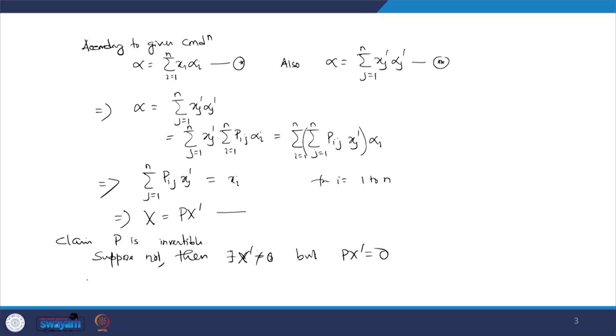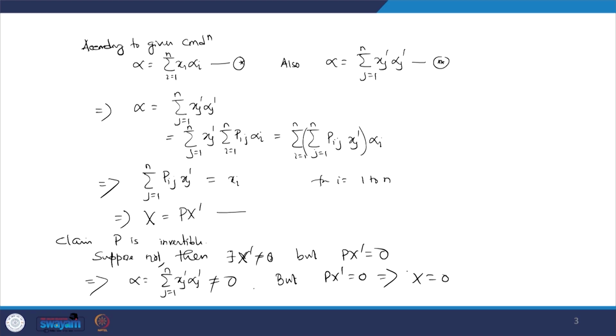So, this implies alpha, which is equal to sigma x_j prime alpha_j prime, j equal to 1 to n, will not equal 0. But P x prime equal to 0 implies x equal to 0.